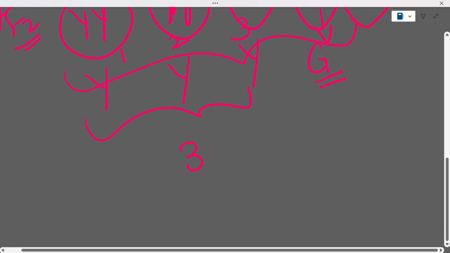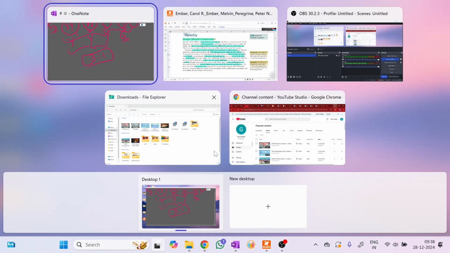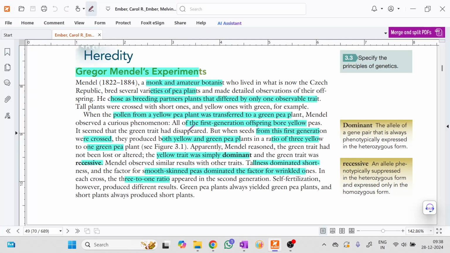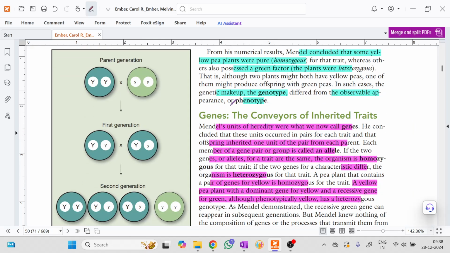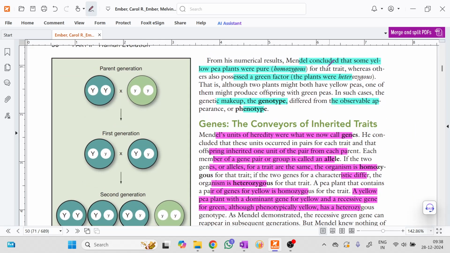So this 3:1 ratio was identified by Mendel. Now, from his result, Mendel concluded that some yellow plants were pure homozygous, and others also possessed a green factor, which was heterozygous.